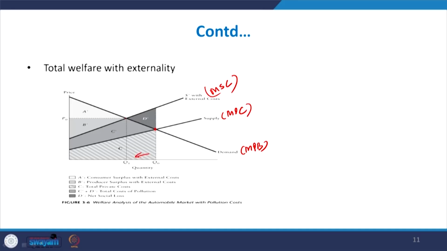You can see quantity declining and price going up, and that also affects the consumer surplus, but at the same time a net gain to society is achieved.